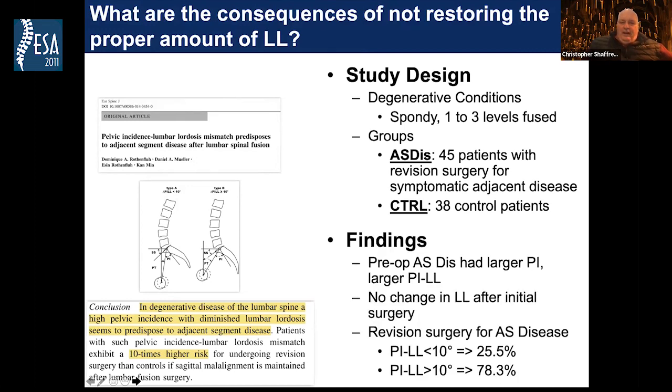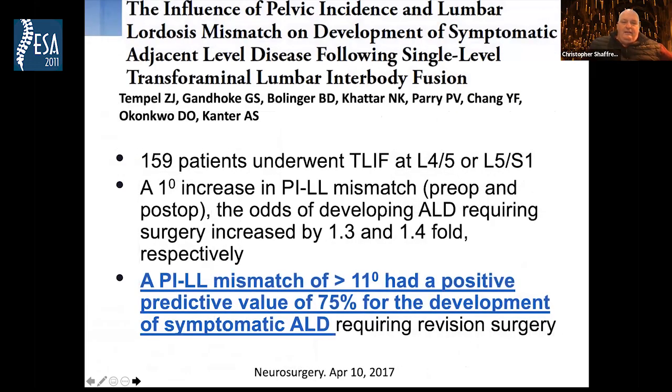And so other studies, this is some work out of University of Pittsburgh, showed that if you had a PI-LL mismatch of more than 11 degrees, this was associated with a 75% likelihood of developing a symptomatic adjacent segment disease. So you can see here, the worse the mismatch, the more likely you had adjacent segment disease requiring revision surgery.